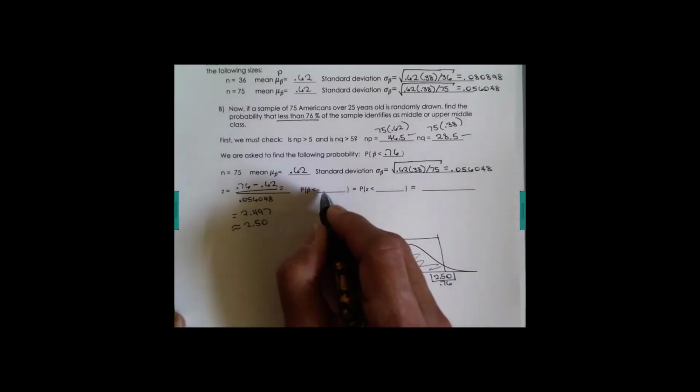So this is what I'll put down. And so the probability that the sample proportion is less than 0.76, which is what I was asked, is the same as the probability that z is less than 2.5.